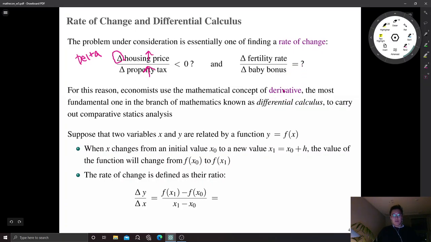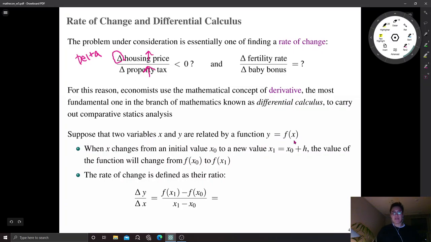So the derivative is just one rate of change, more specifically, the instantaneous rate of change, and we are going to define it sooner or later, I think in 5 minutes. Let me first define the rate of change. For this purpose, we have one function between two variables x and y.